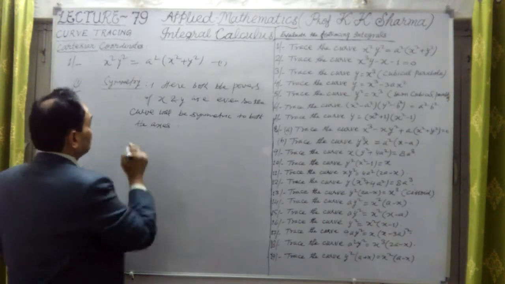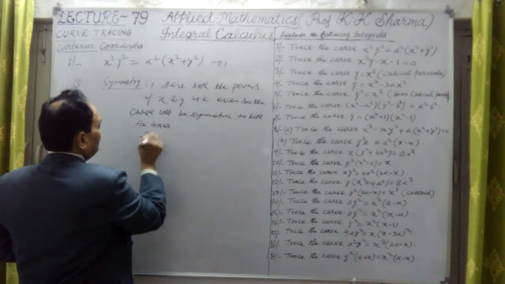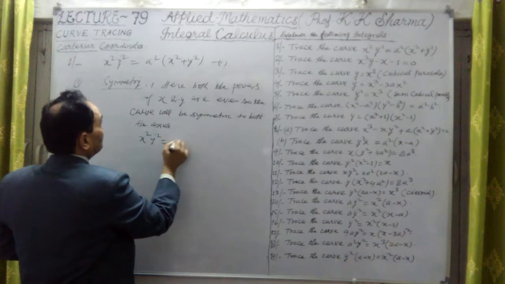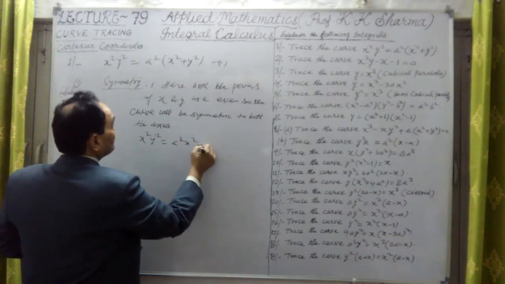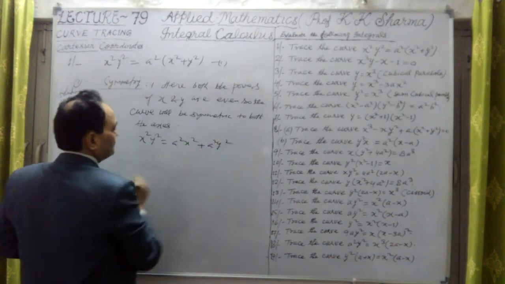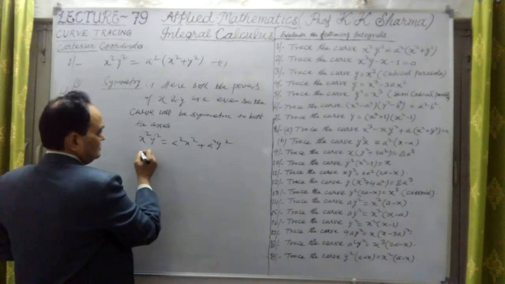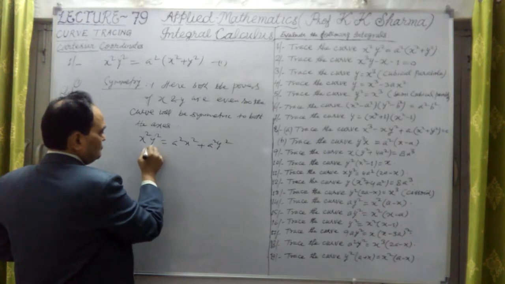Now let me solve it further and find out some points where the curve is not defined. x square y square equal to a square x square plus a square y square. Let me take this x square y square to this side and then take y square common.